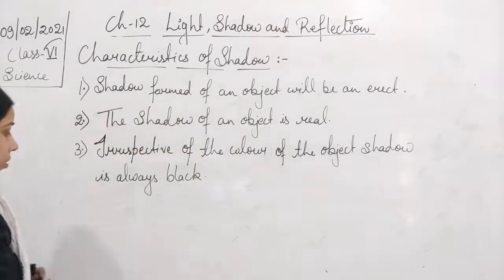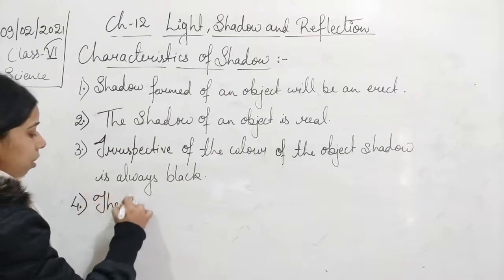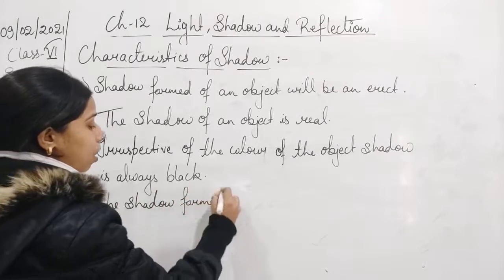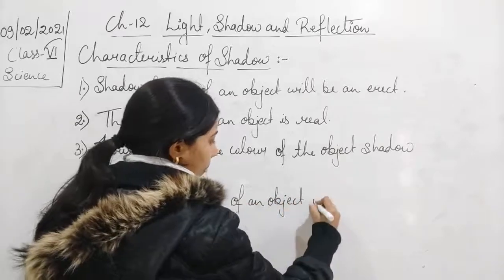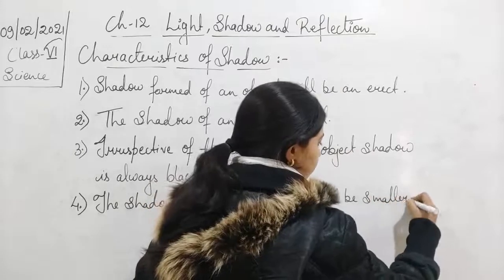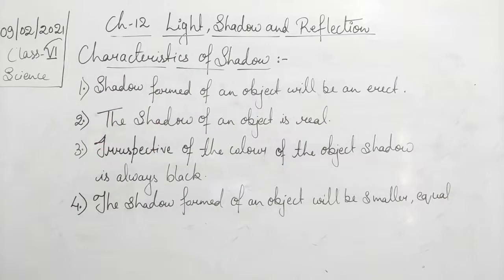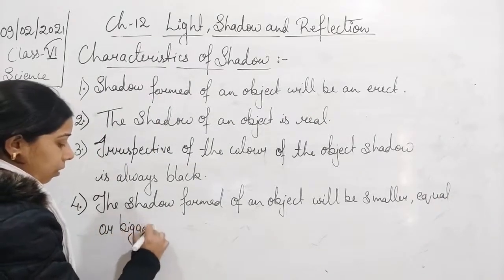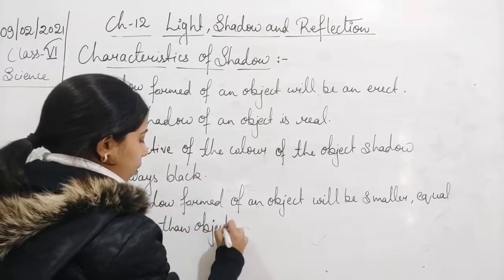So we can also write that the shadow formed of an object will be smaller, equal, or larger, bigger than the object.